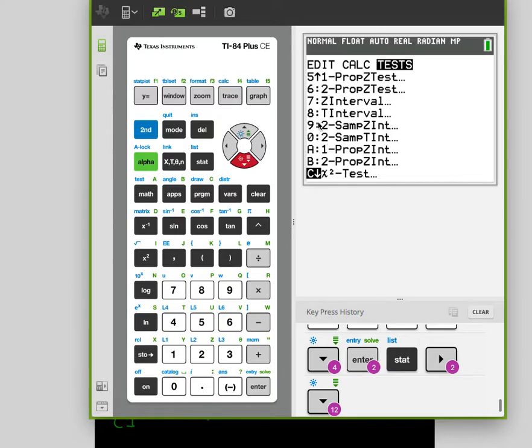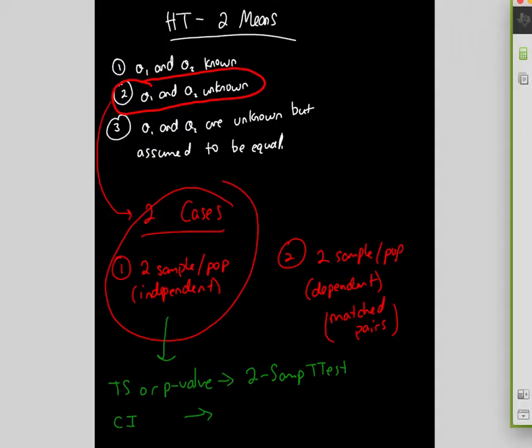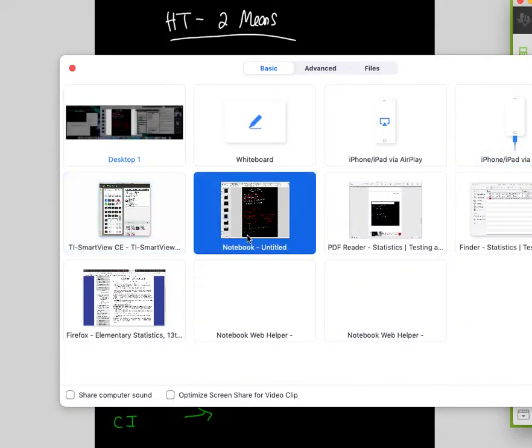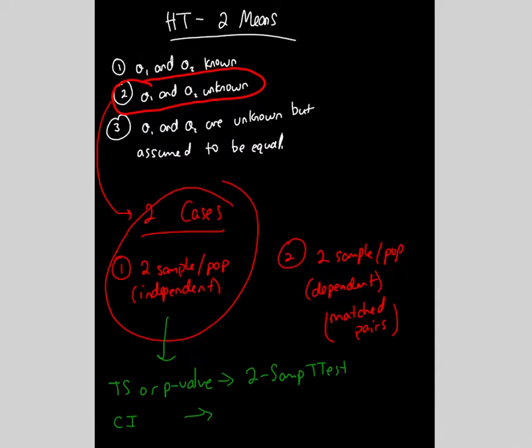So obviously I'm going to use two, I'm not in proportions. Is it two sample Z or two sample T? Well, you don't know sigma 1 and sigma 2, so it's two sample T interval if I want an interval. If you go into the calculator and forget what to use, you can analyze it and remember, because it's not really that hard to figure out. Two sample T interval: int for interval, test for test statistic or p-value.